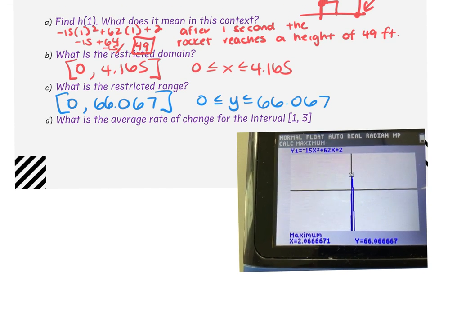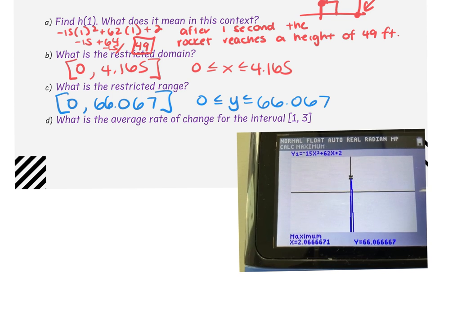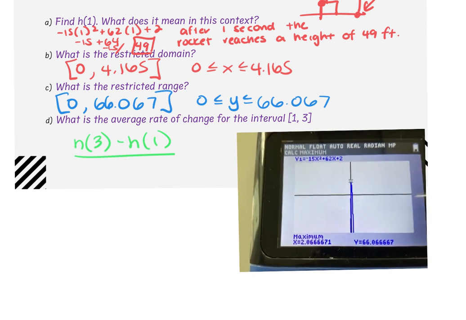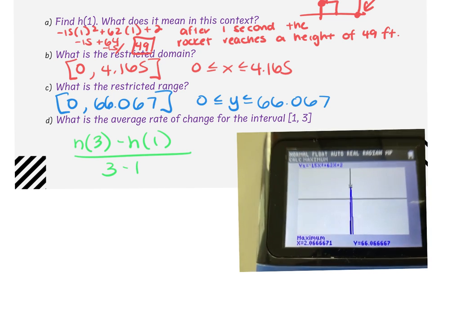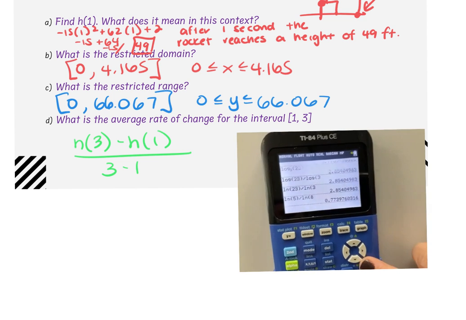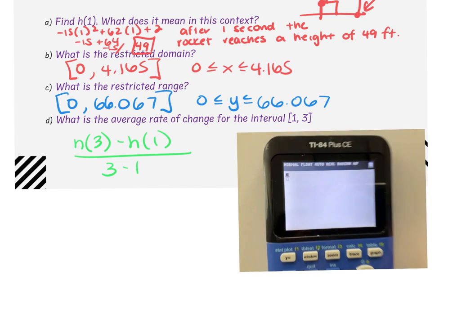I'm going to either plug in each or use the calculator, but I'm going to do f of 3. Actually, my variable is h this time. H of 3 minus h of 1 over 3 minus 1. Or, calculator, go back to that home screen. Alpha, y equals gives me my fraction.